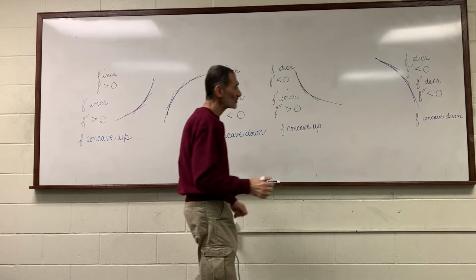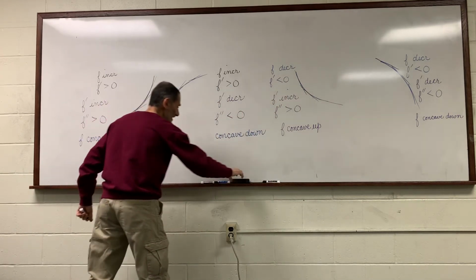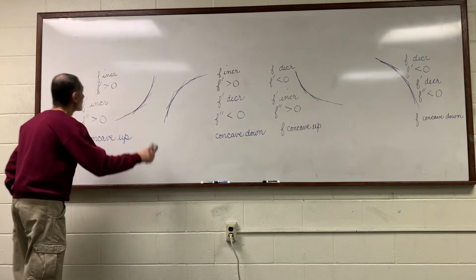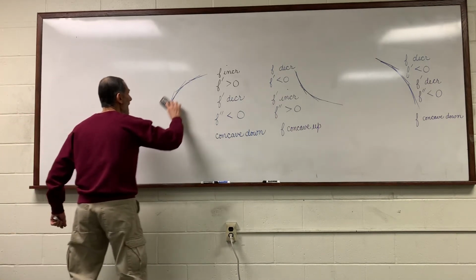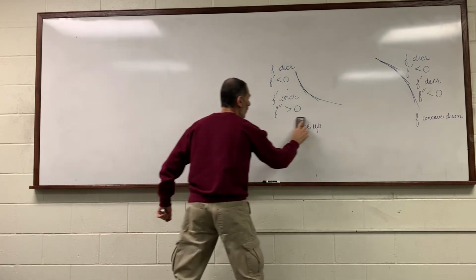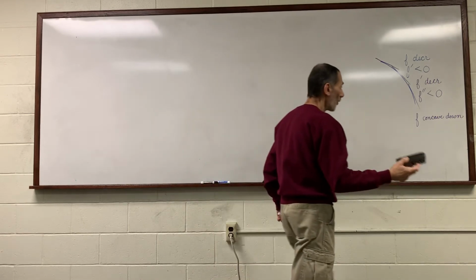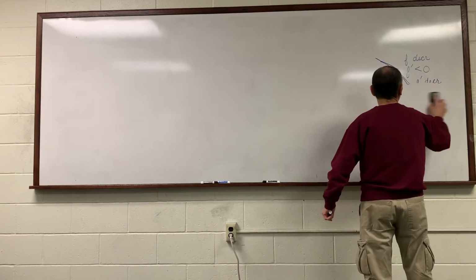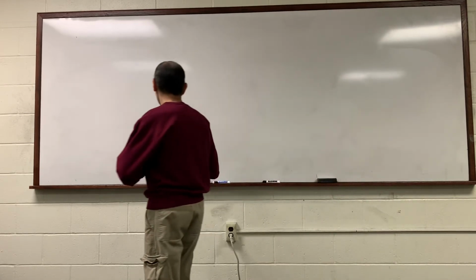Well, that happens too with the second derivative. And we will be discussing in our next video intervals of concavity and what happens when the concavity changes. That is, when the second derivative changes from positive to negative or from negative to positive. What happens at a point like that?